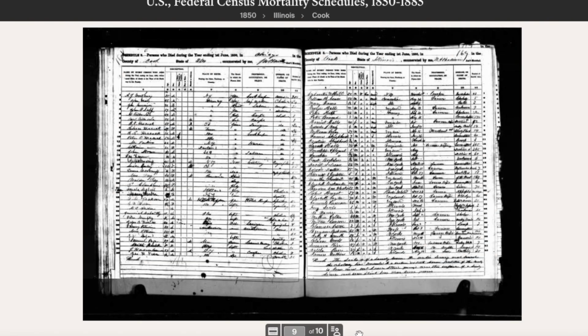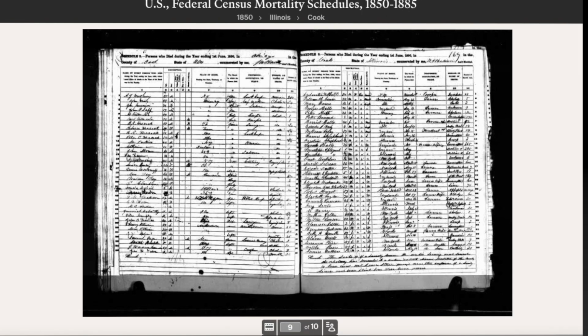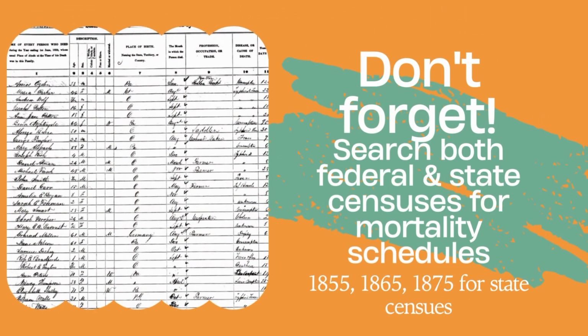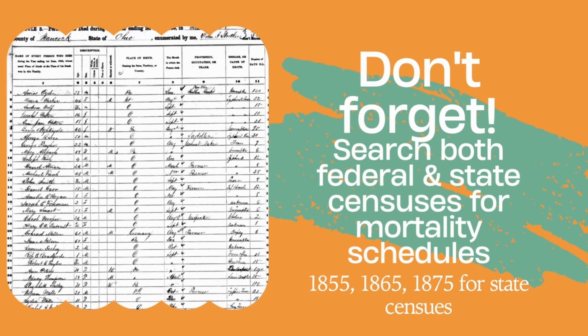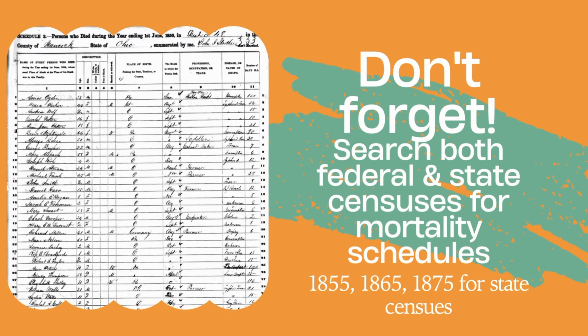And now for the bonus round, mortality schedules for state censuses, which were generally recorded in the years 1855, 1865, and 1875.